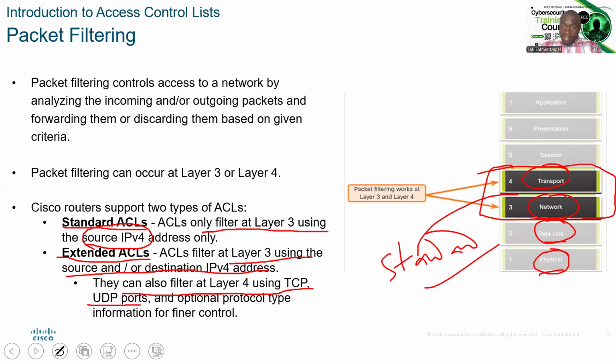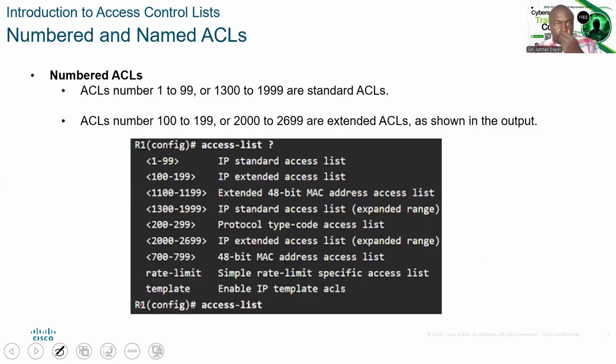The extended is trying to say it can do what the standard is doing and even more. That is the extended, right? Now, there's also what we call the numbered and the named access list. Remember what I told you.